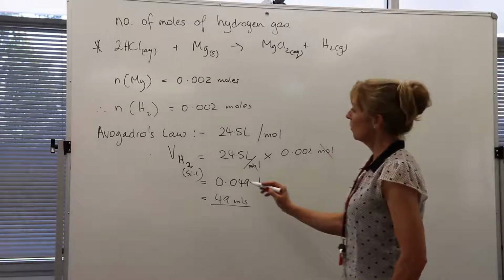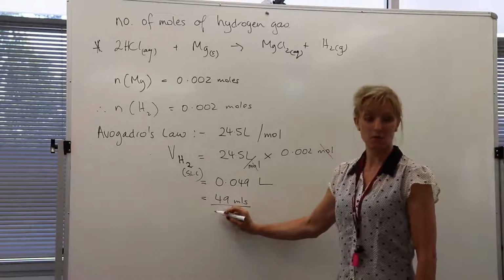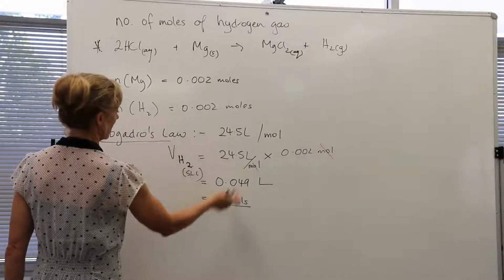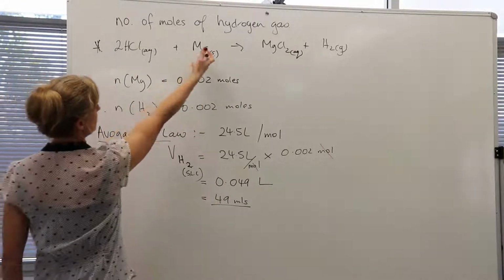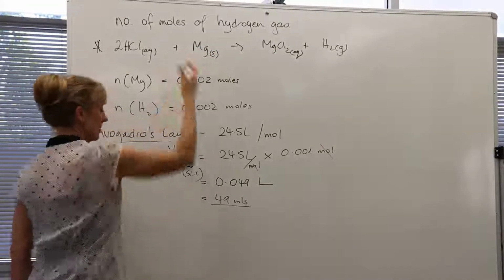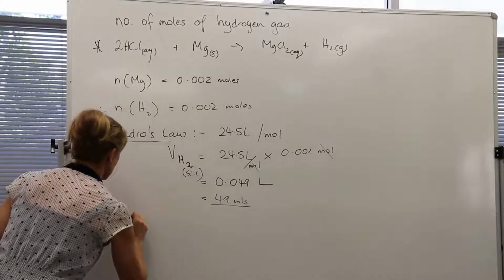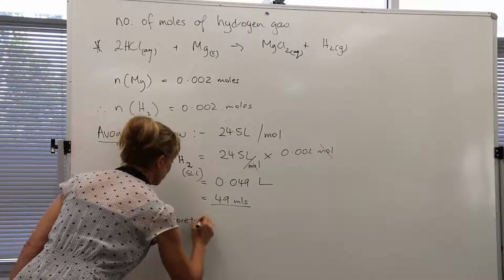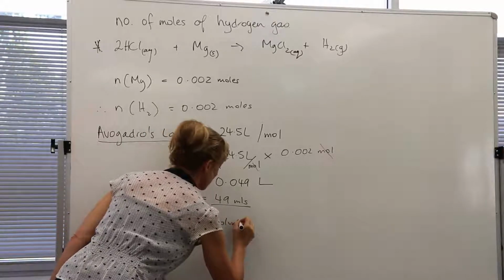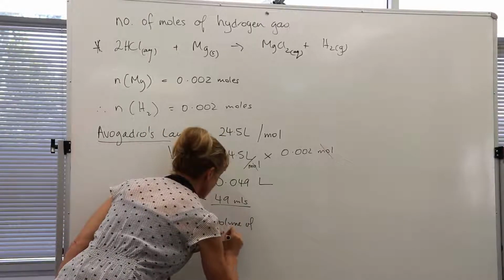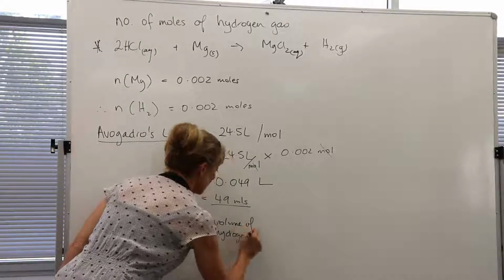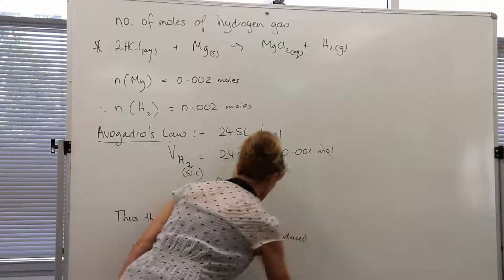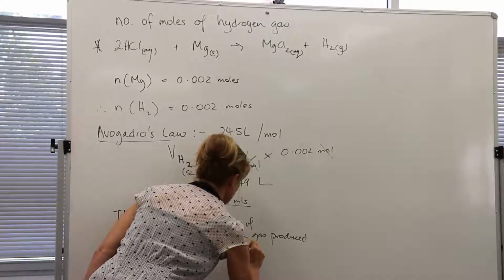So, what you've got here is the theoretical. Because we've used an equation to work out how much hydrogen would be produced from a certain amount of magnesium. So, thus, the theoretical volume of hydrogen gas produced is 49 mils.